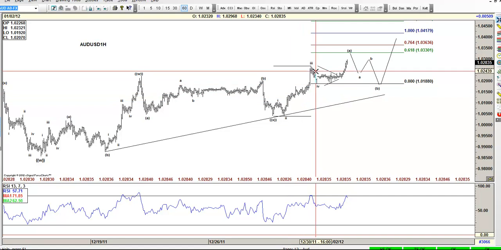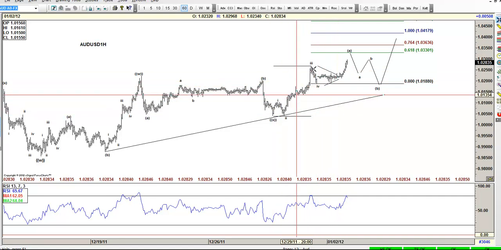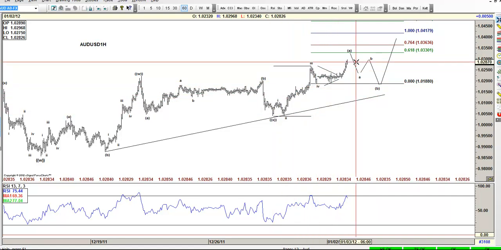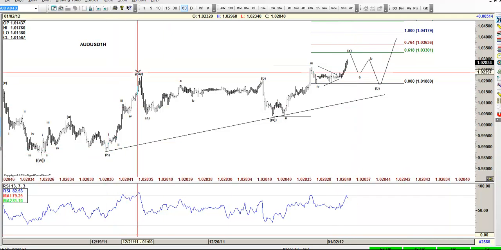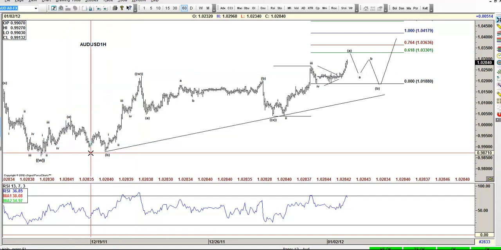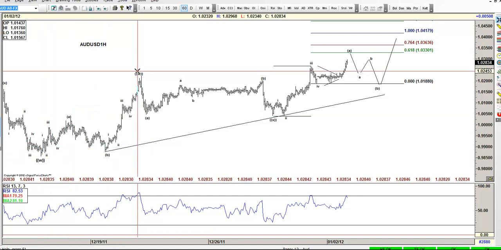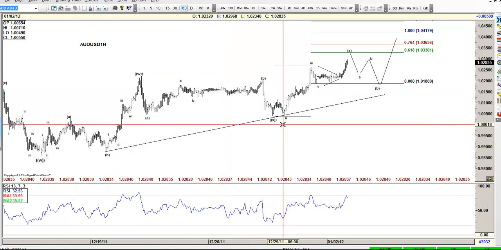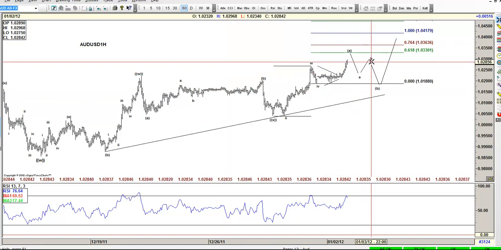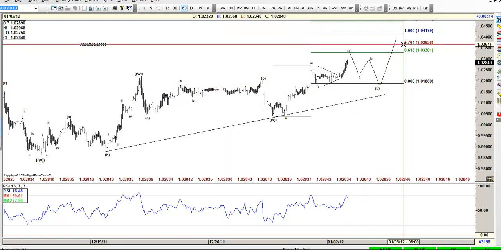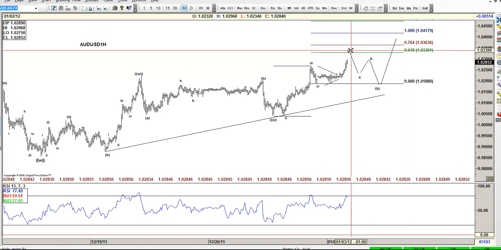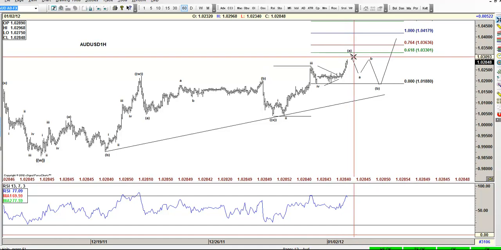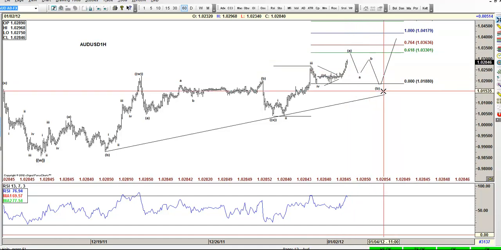So we got divergence and consequently a 5-wave swing from here. We are ending a cycle that started here, and technically from here we have A, B, C, W, X, Y. We should get some US dollar strength and more downside in this pair. This is what matters to us right now, that we're going to get some US dollar strength right here.